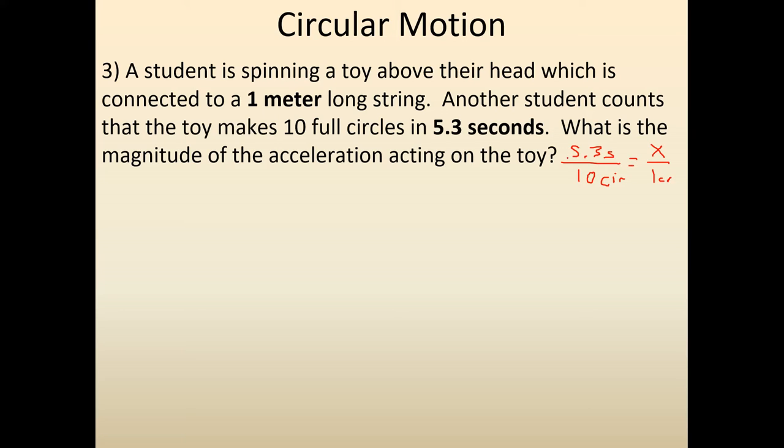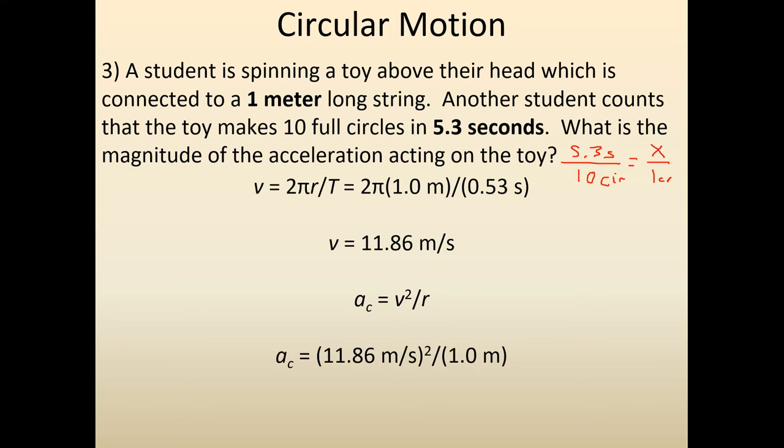So realistically, what I'm doing is taking the 5.3, dividing it by 10, and I end up getting 0.53. So I can take my velocity equation, use the period to be 0.53, and this time my speed is going to be 11.86 meters per second. Plug into my centripetal acceleration equation, and I end up getting 140.5 meters per second squared.